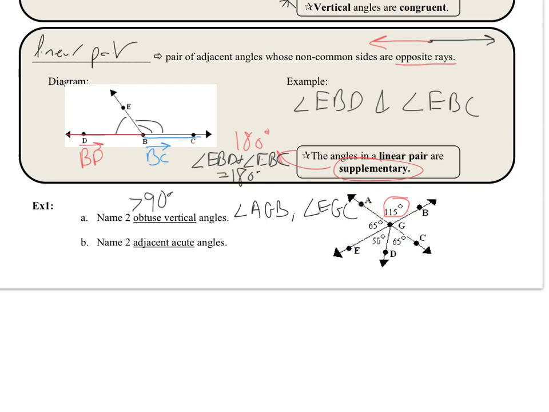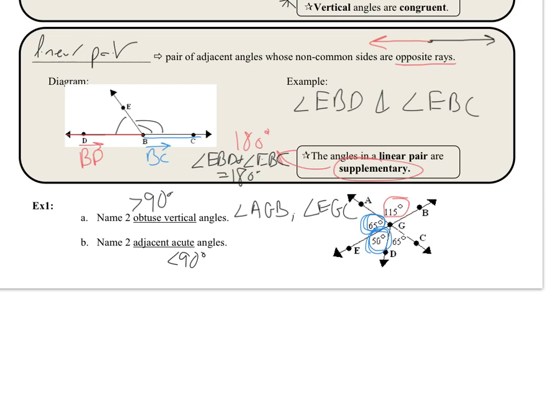Alright, now the second part we're going to be looking at is naming two adjacent acute angles. Remember that acute means that we are looking for angles that are less than 90 degrees, and adjacent means that our angles are side by side. Now there's actually multiple examples of adjacent acute angles. So by looking at these, we know that 65 is less than 90 degrees, and so is 50.